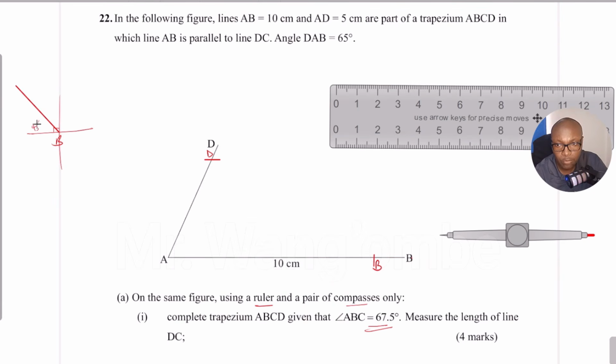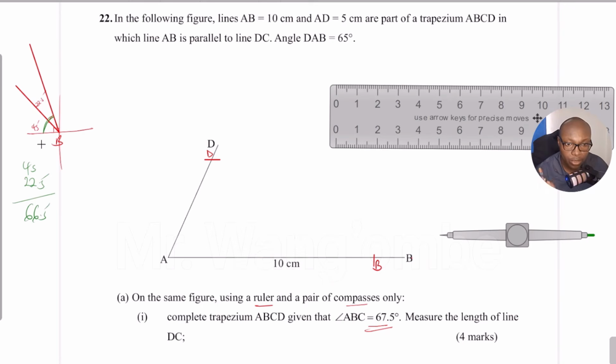And then I'll bisect the other half, the 45 degrees that is here, and I'll get 22.5. Now you can see, when you add these 45 degrees plus 22.5, I will end up with 67.5 degrees, the whole of this angle. So that is the method that I'm going to use.